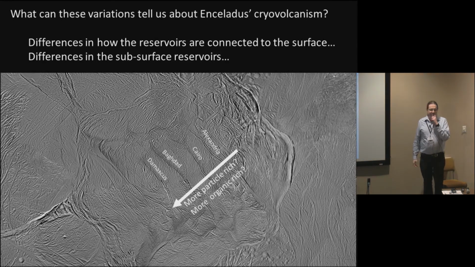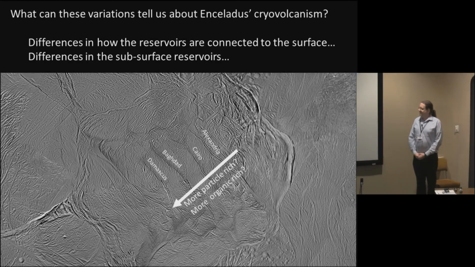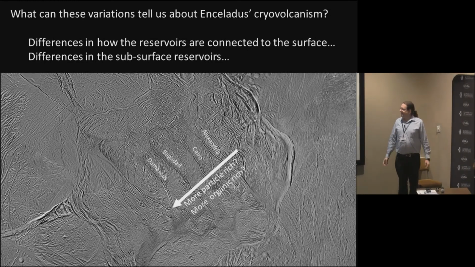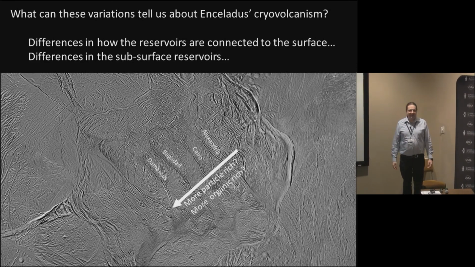My feeling is that the geologists aren't going to be able to help you much. What we need are the submariners to tell you in the future what this means.